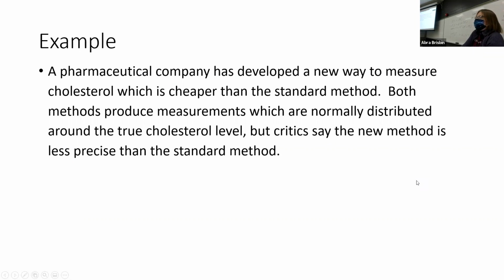So this is a scenario where we might be interested in this. This is problem 2. A pharmaceutical company has developed a new way to measure cholesterol, which is cheaper than the standard method. Both methods produce measurements which are normally distributed around the true cholesterol level, but critics say the new method is less precise than the standard method.